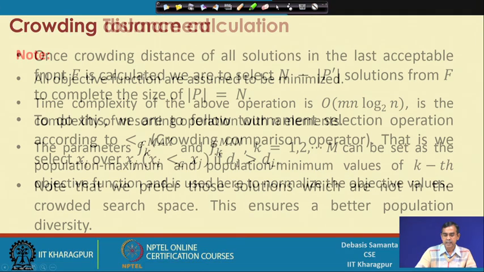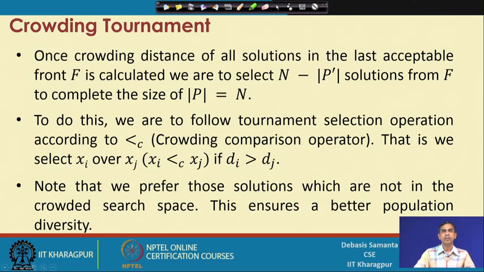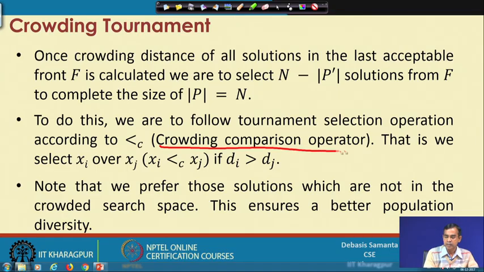Once the crowding distance calculation is done, we will be able to play the crowding tournament selection game. It is like this. We can follow the crowding comparison operator. The crowding operator can be applied to two solutions xi and xj.